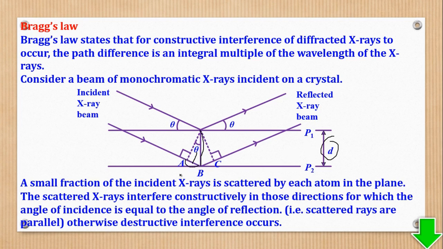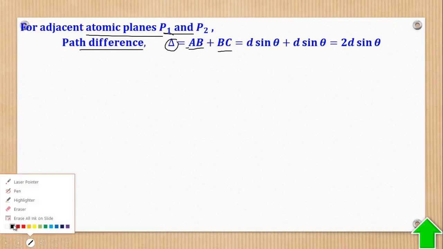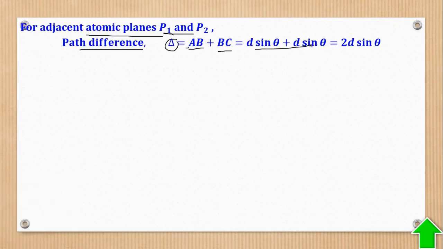That means when I make AB the subject, I come up with d sin θ. The same applies to BC. That is why AB is d sin θ and BC is also d sin θ, because the glancing angles are the same. So you come up with a path difference of 2d sin θ.